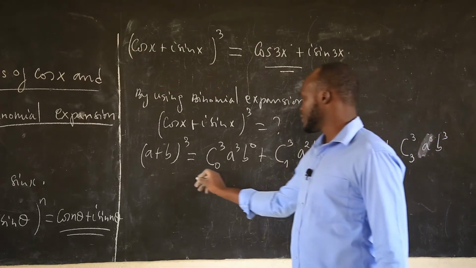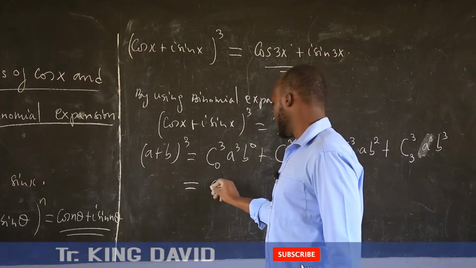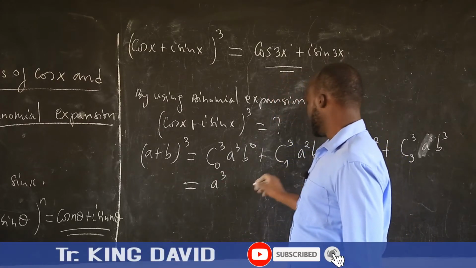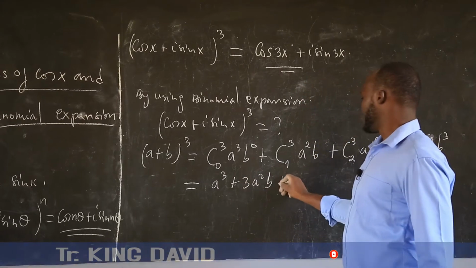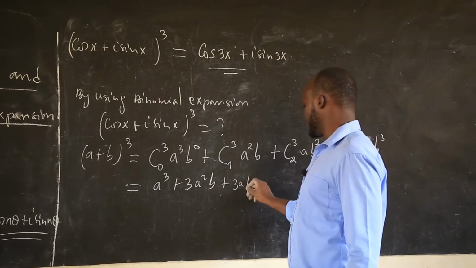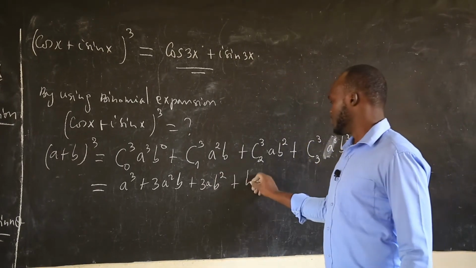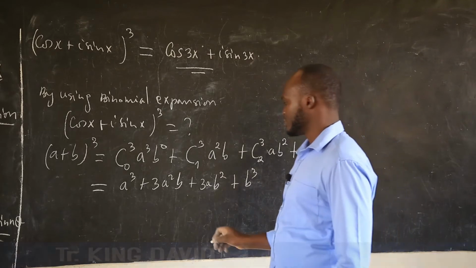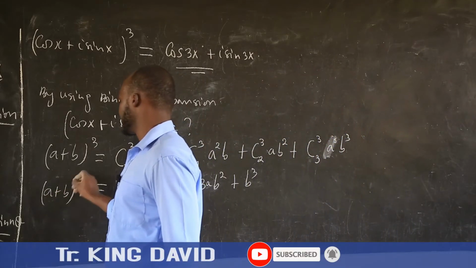So it becomes a power 3, plus 3 a squared b, plus 3 a b squared, plus b power 3.